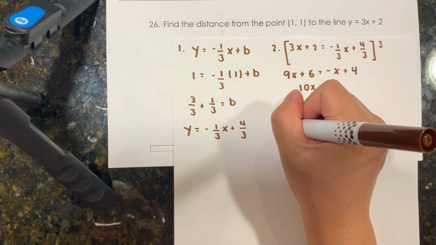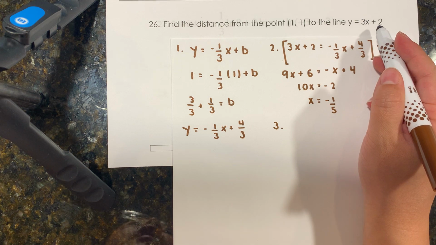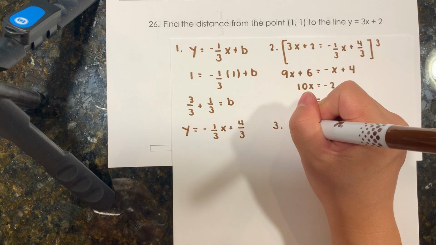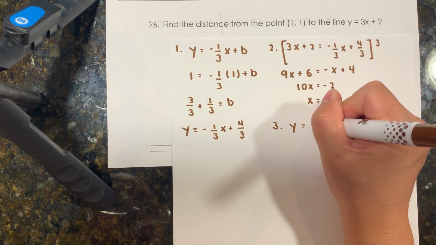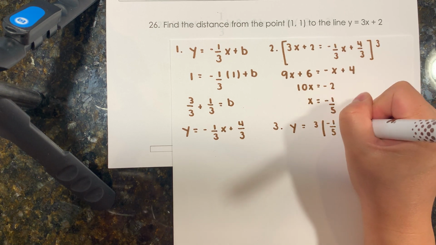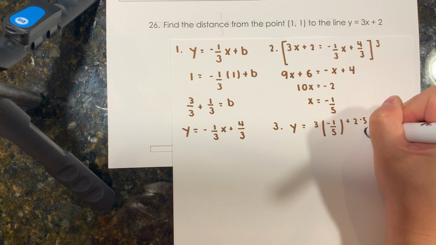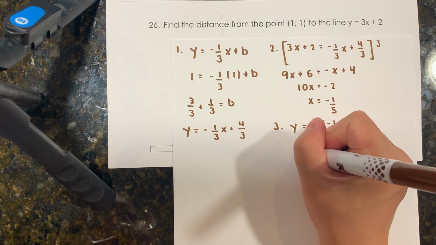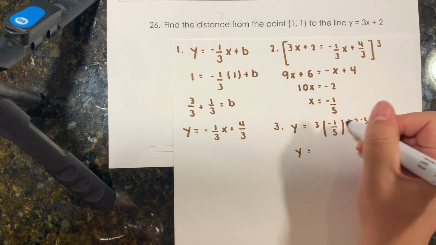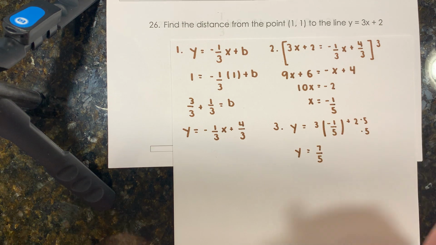And then for step 3, we're going to solve for y. So you can plug this into either your original line or your perpendicular line. It doesn't matter which one. So 3 times -1/5 plus 2. Common denominator. So -3 plus 10 would be 7/5.